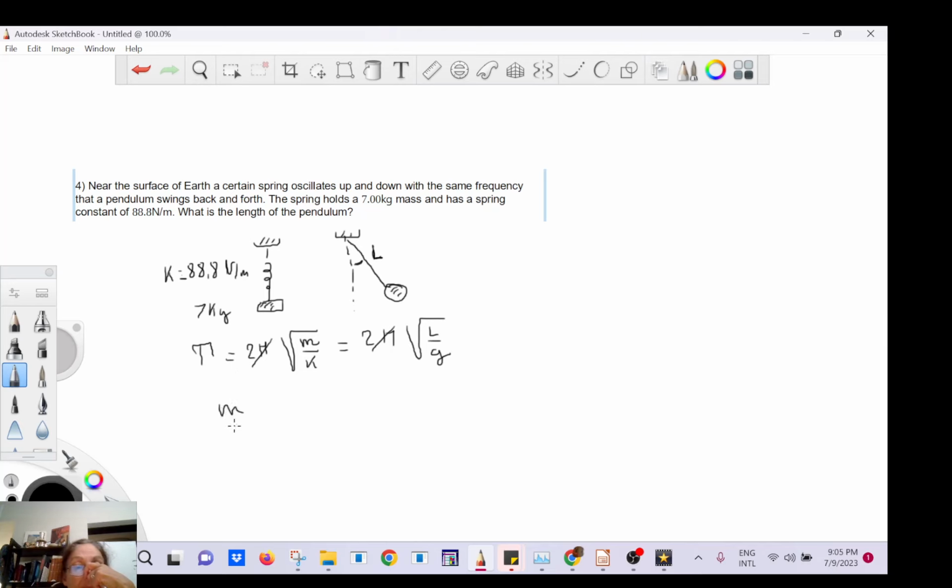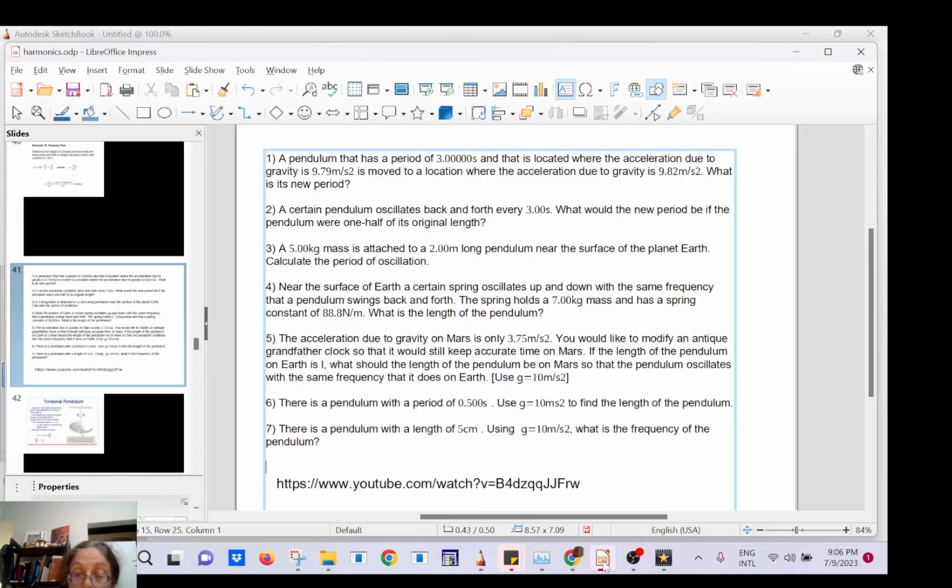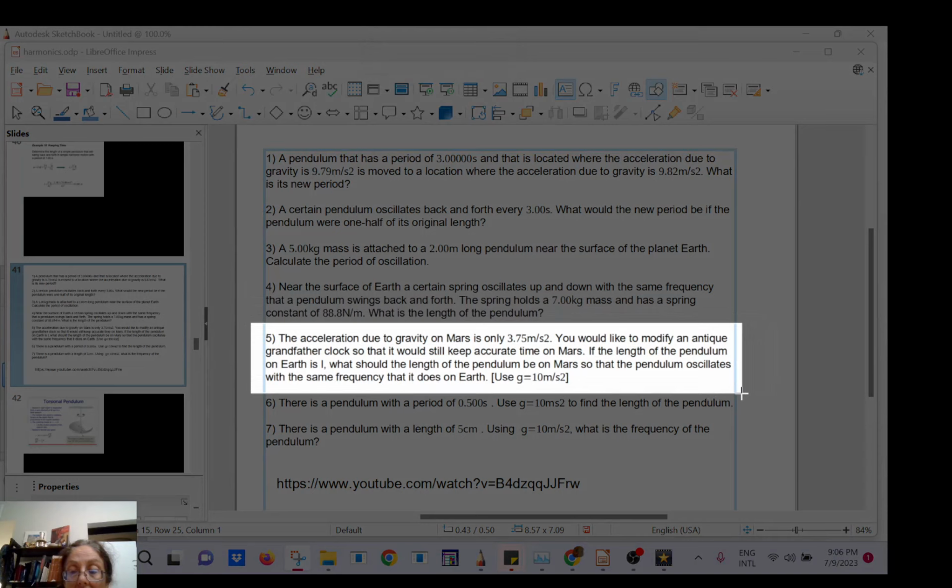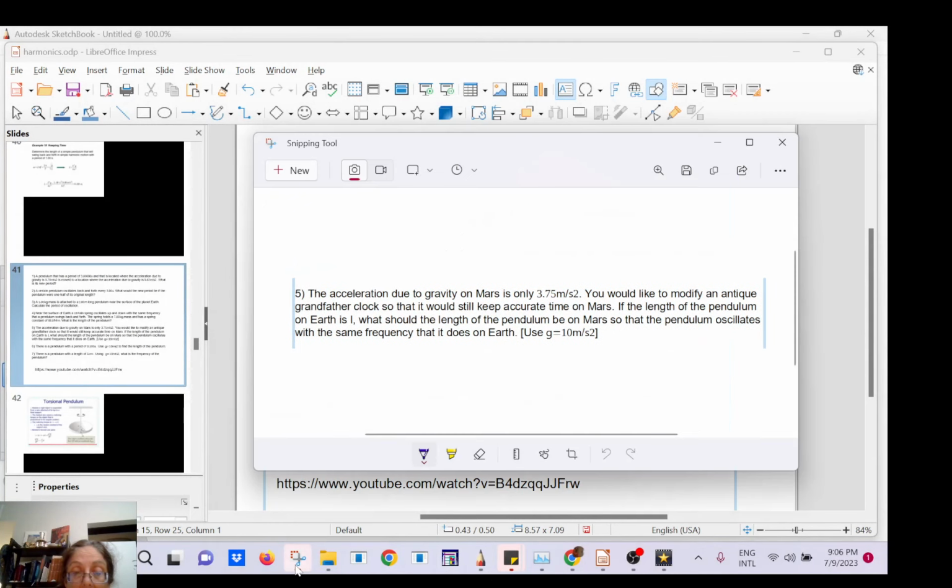So that means that M over K equals L over G. So we have L equals M times G over K. And if you plug numbers in, you should get 0.77 meters, which is 77 centimeters. Okay, so this one is not bad. Number 5, I think all those are easy problems. It's not very challenging.